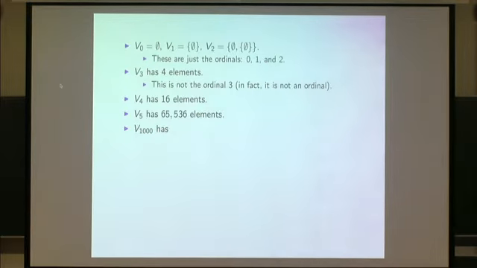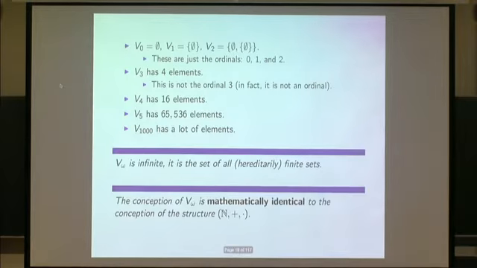V sub 1,000 has a lot of elements. Okay, so these, because it's an iterated exponential, powers of 2, the sizes of the V ns are getting big very quickly. V sub 1,000 is a very complicated object combinatorially. V omega is infinite, and it's a set of all hereditarily finite sets.